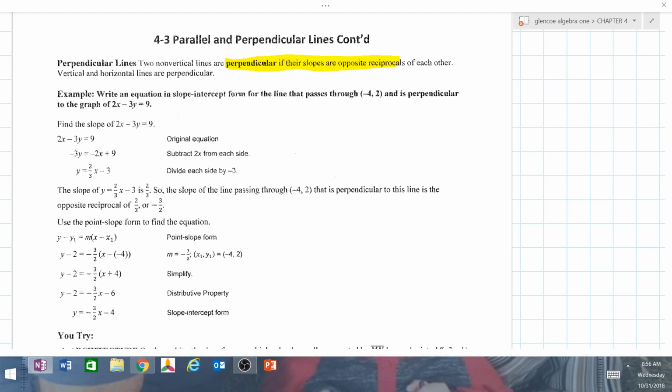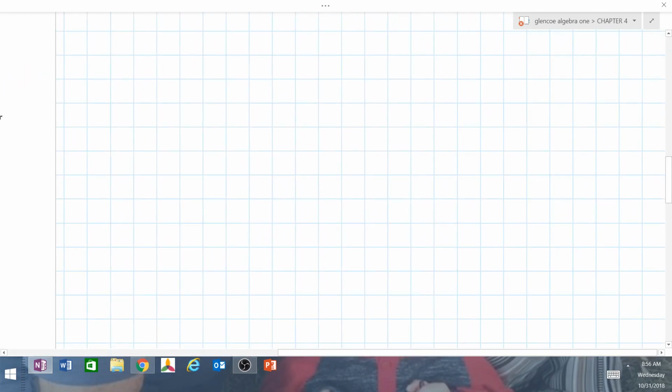Remember, slope-intercept is the easiest and most friendly form because you can look at it and immediately tell what the slope is. So example number 2 is, and I know it's in your notes, but I want to do it for you, one step at a time.